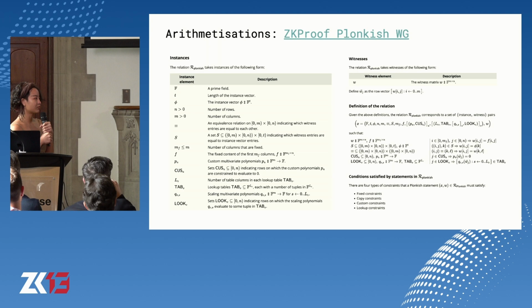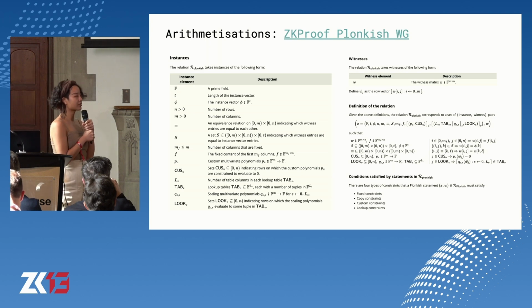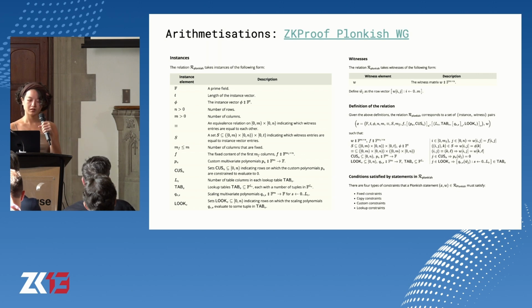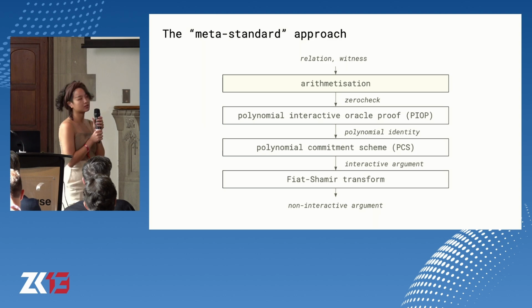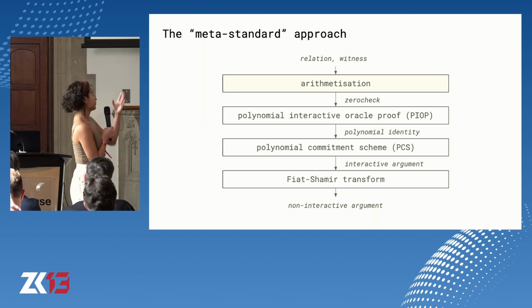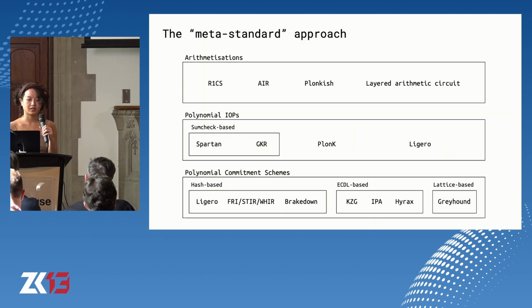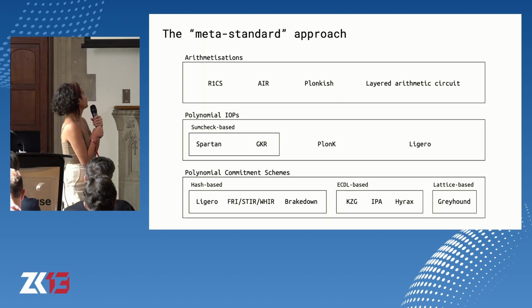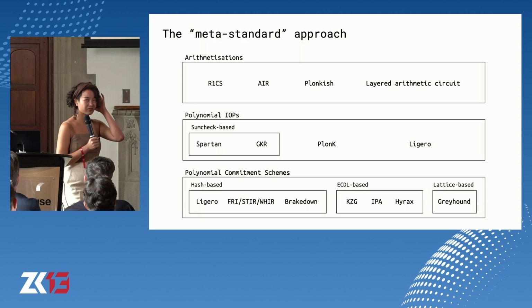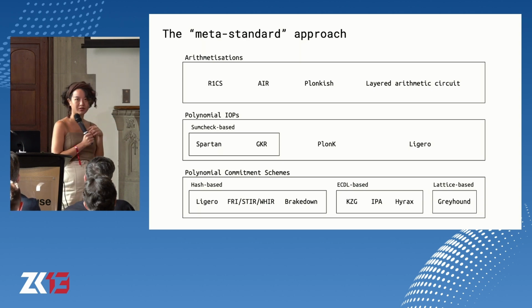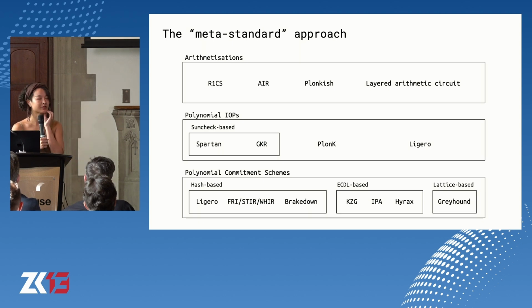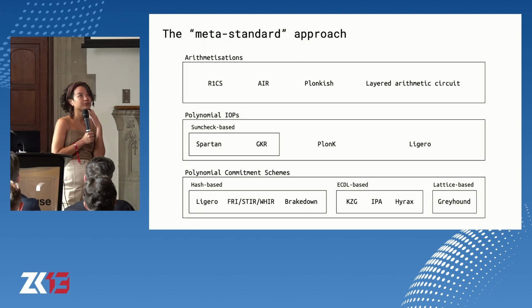This is very much a specific arithmetization, and I think the arithmetization layer is probably the trickiest to standardize because, for instance, GKR just looks completely different from Plonkish and R1CS. AIR, for example, must be completely structured, cannot have pre-processing, cannot have randomness from the verifier, and so on.